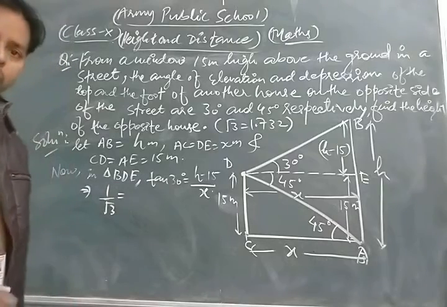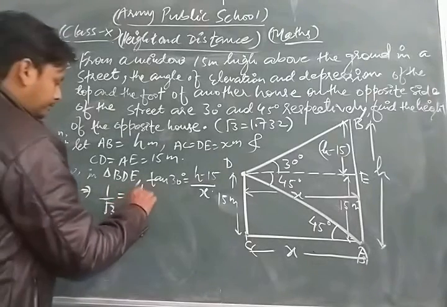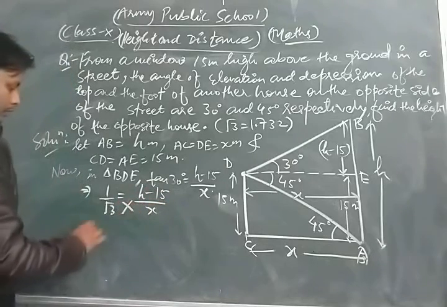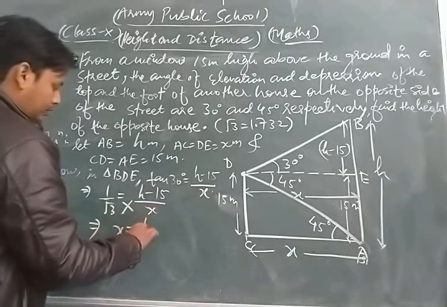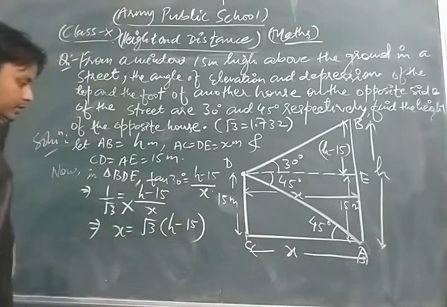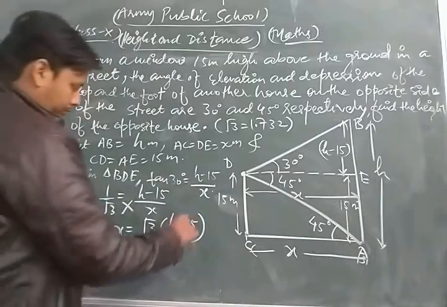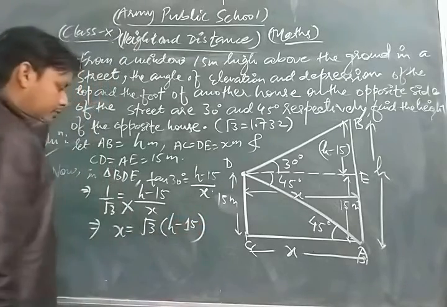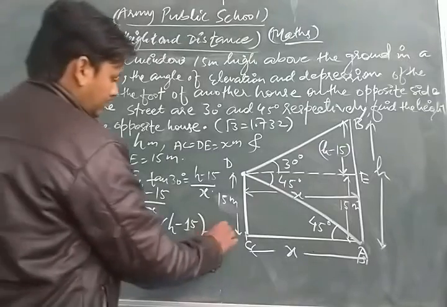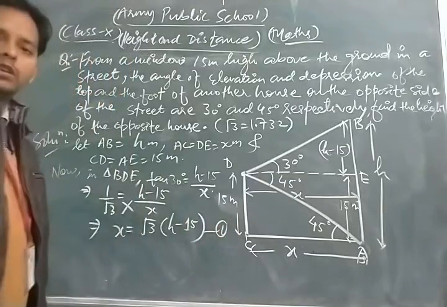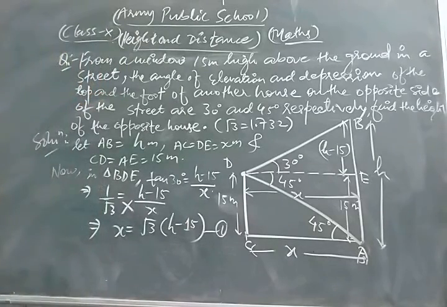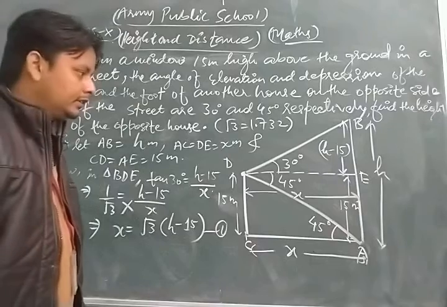So 1 upon root 3 is equal to (H minus 15) upon X. Now we do the cross multiplication, that is X is equal to root 3 times (H minus 15). We take this as equation number first.